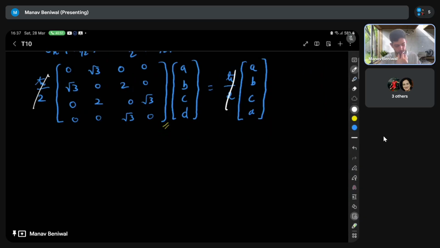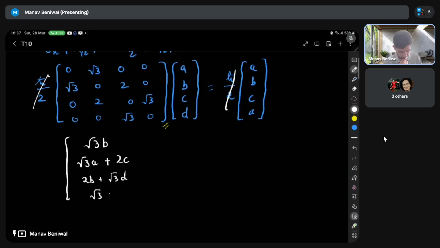And then let's do multiplication on the left hand side. If we multiply, the first one will just give us under root 3 times b, and this one will give us under root 3 times a plus 2c. This will give us 2b plus under root 3d, and this will give us under root 3c, and this is simply equal to a b c d.